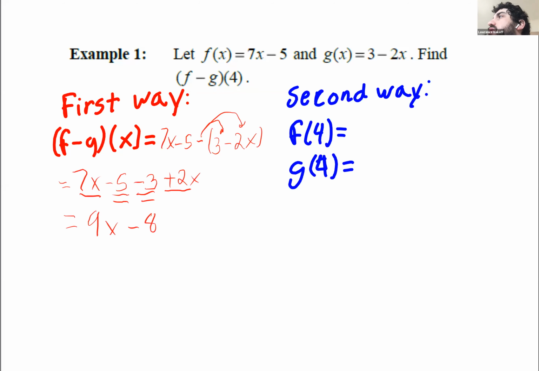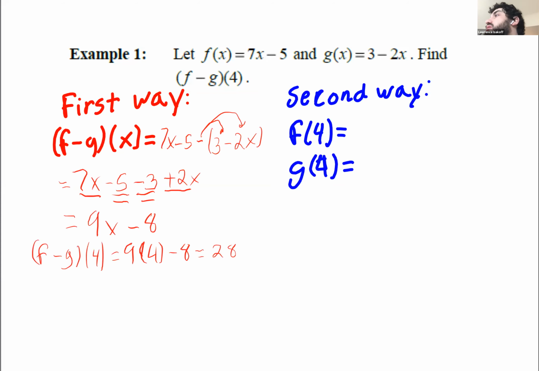So what I can do now that I've combined these, it says f minus g of 4. What I could do is just plug 4 in for x. So 9 times 4 minus 8. 9 times 4, that's 36. 36 take away 8 should be 28.